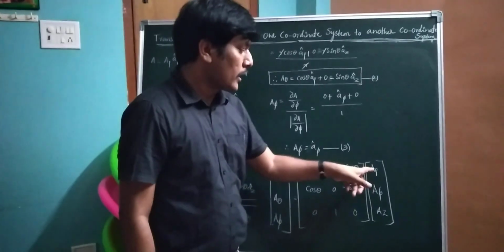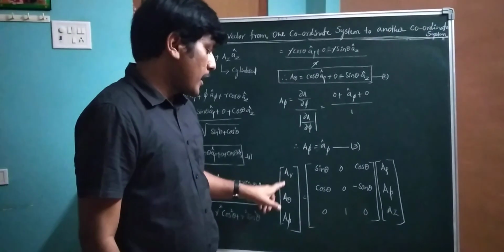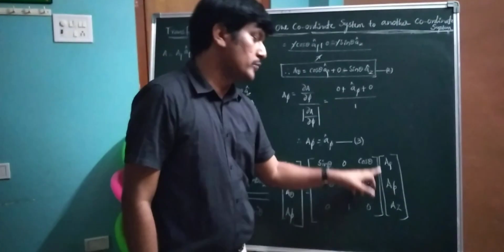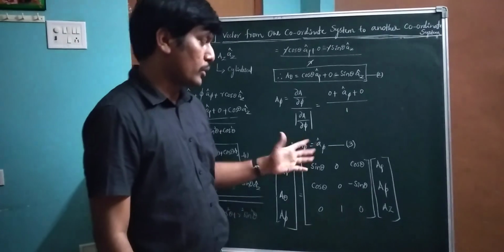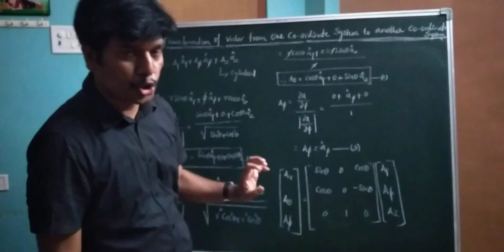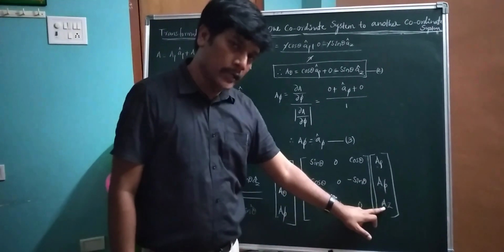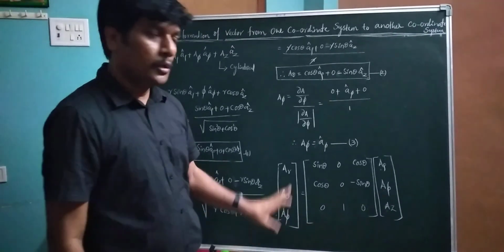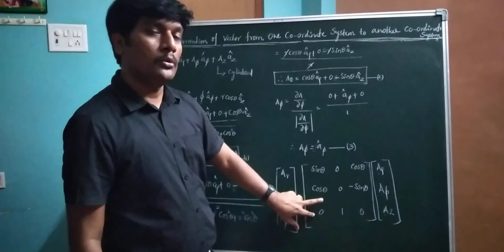If you require a rho, a pi, a z in terms of a r, a theta, a pi, you have to consider the transpose of this matrix, right? Simply a row and column interchange. By using that, we can express a rho, a pi, a z in terms of a r, a theta, a pi. Then what is the transform matrix? Simply sin theta, cos theta, 0 is the first row.